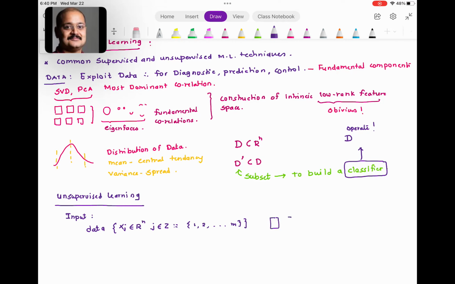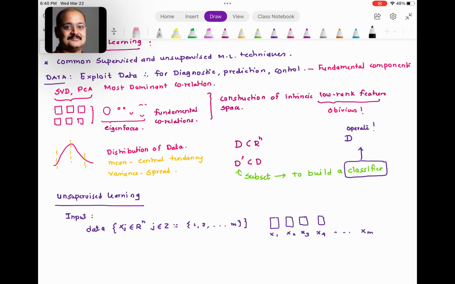It could be just pictures. And this data set is X1, X2, X3, X4, all the way to XM. So these are all the data.